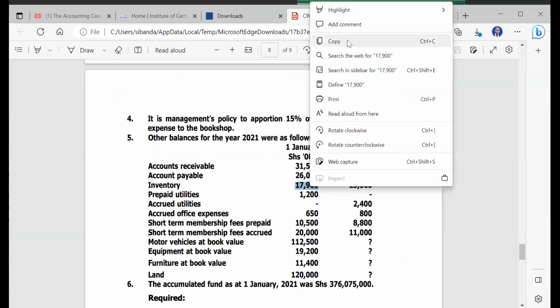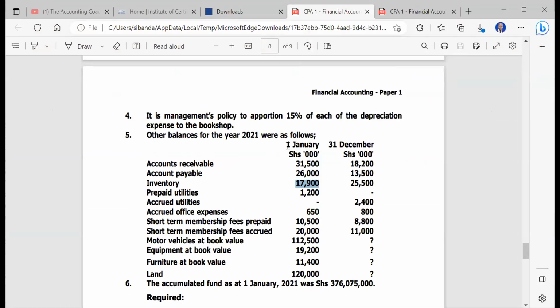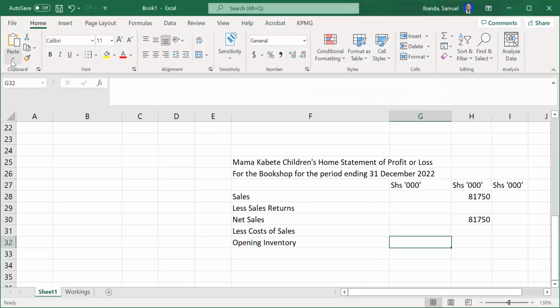One thing I want to advise you is that the examiner sometimes interchanges this. Where there's January, it can put December. So make sure that you first look up here to know which month it is, so as to distinguish which one is opening and which one is closing. So this is the opening one. Our opening inventory is that, so I'll include it here.